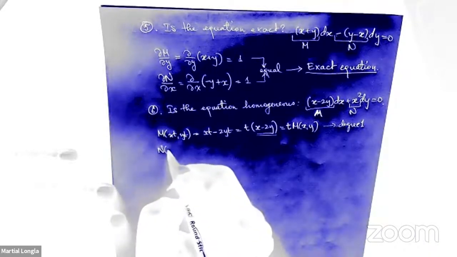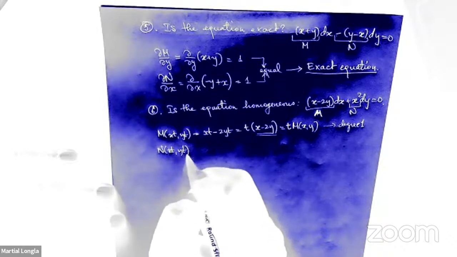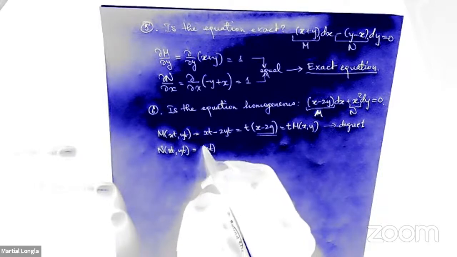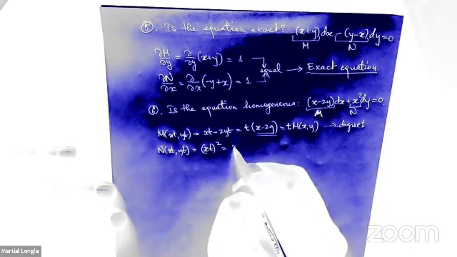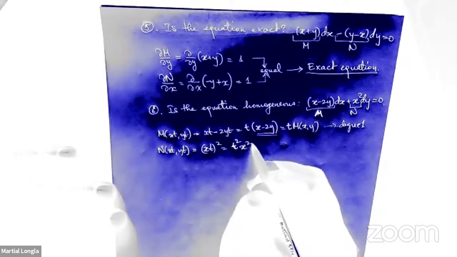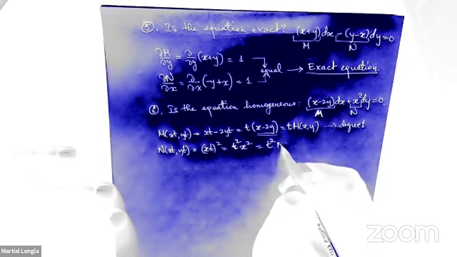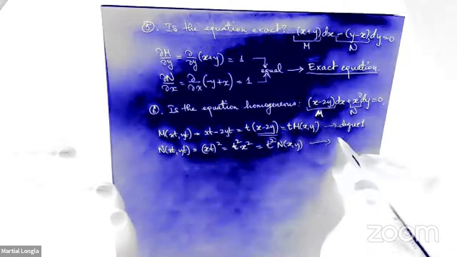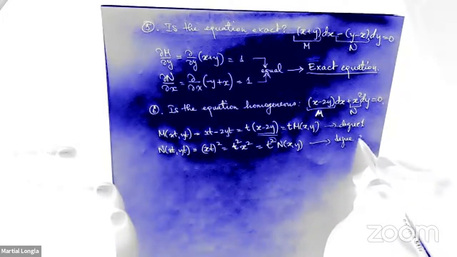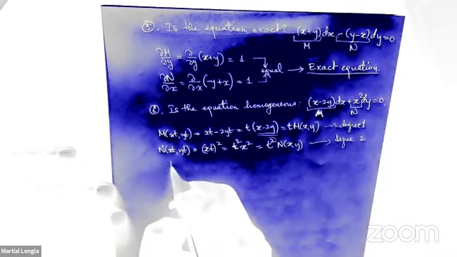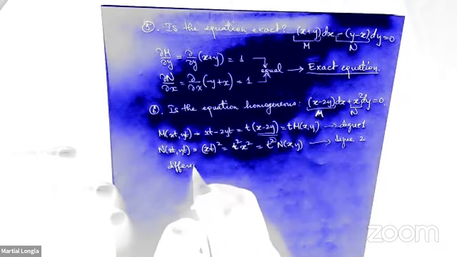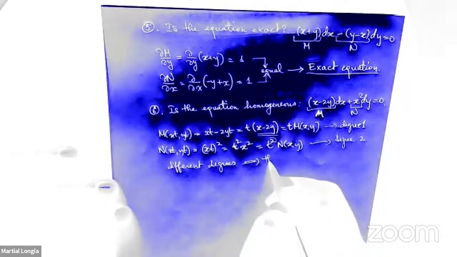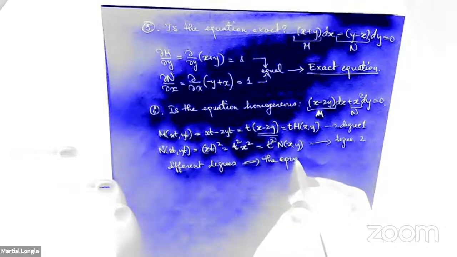N(xt, yt) is (xt)², which is t² x², which is t² N(x, y). So here that's t², so the degree is 2. Different degrees implies that the equation is not homogeneous. That's it.